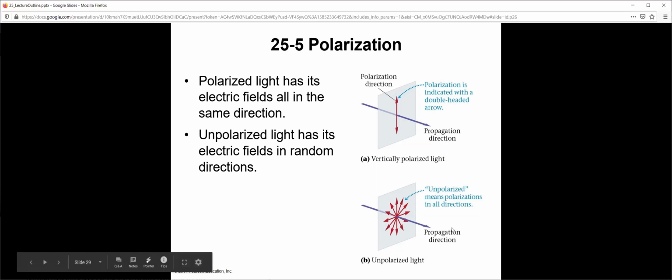However, that's not the perfect scenario, nothing's ever really perfect, right? You can get an example here where the particle may be in some version of twisting, we'll call it, it doesn't actually twist, but some version of twisting, so much so that the electric field, and by definition the magnetic field, is in various directions. It's unpolarized. When you look at light, you're looking at B. A, we'll get to how you make A.